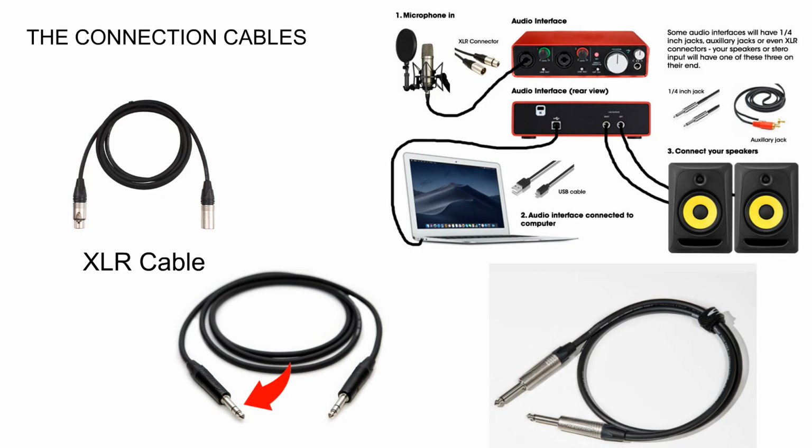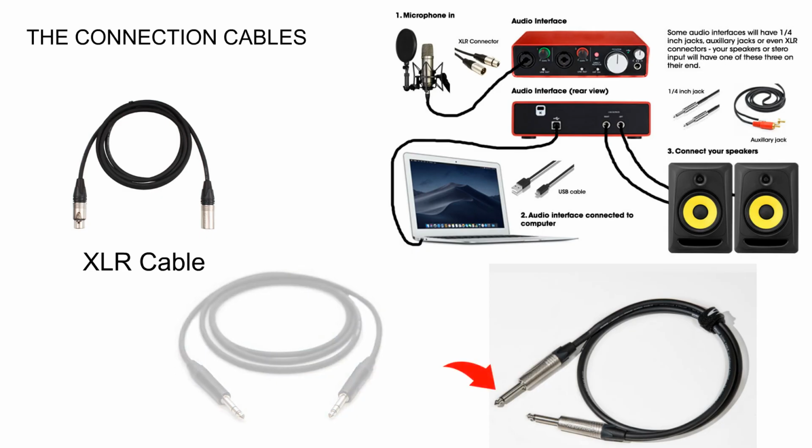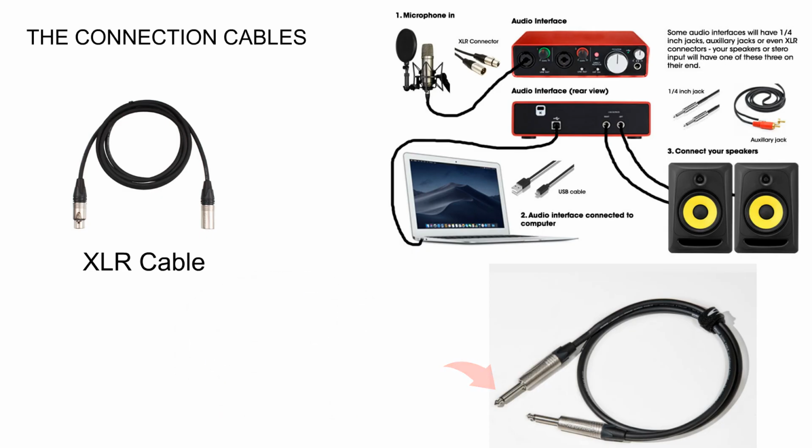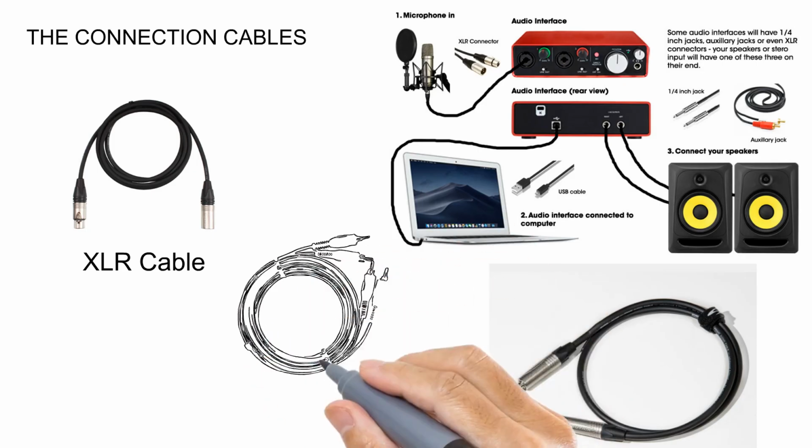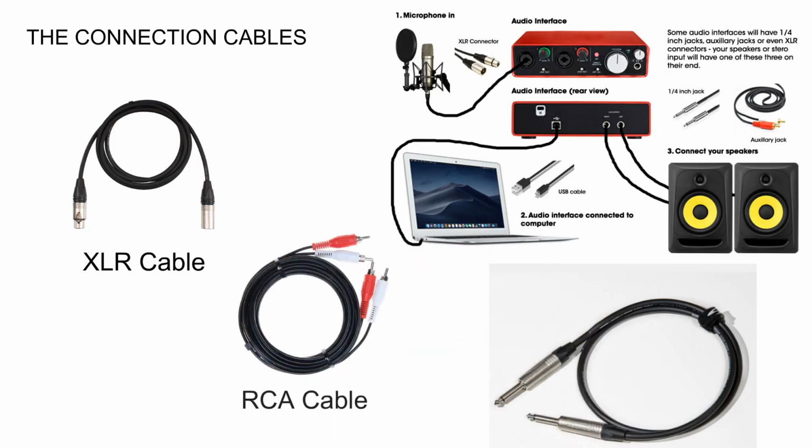This is a stereo jack, a stereo cable, while this one has just one. So this one is definitely a mono cable. And then there are RCA cables. These are used to connect amplifiers or aux or mixers, so just buy the ones that you need.